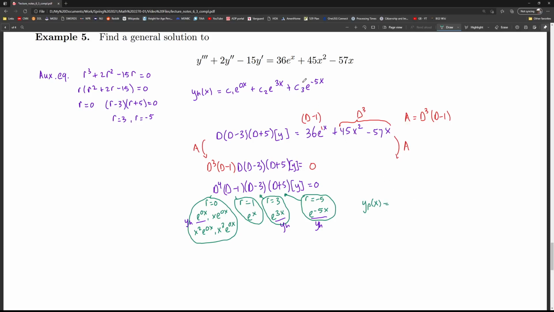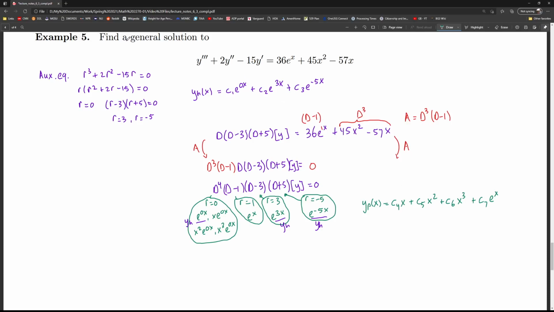So let's start with the coefficient c4 times x, that's here, plus c5 times x squared, and then plus c6 x cubed, and then plus c7 e to the power x, that comes from here. So that is the form of our particular solution, and then we can combine those two to get the general solution.